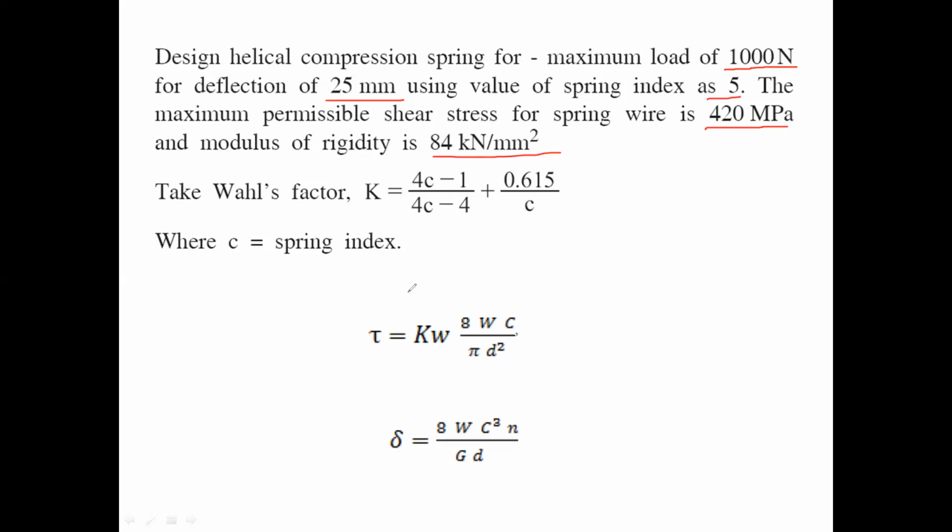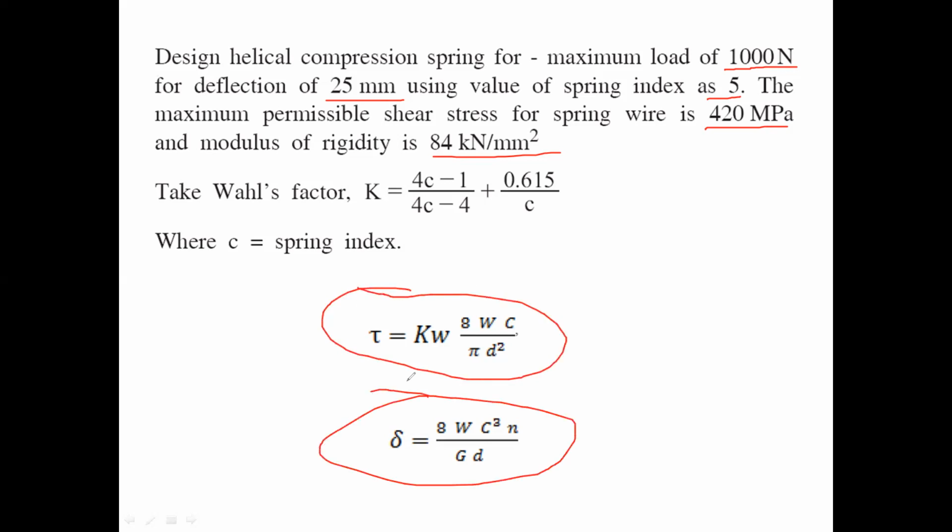So our design is based on basically these two formulas. One is the shear stress formula, in which this is K, the Wahl's correction factor, load W, and spring index C, and we can find the diameter d.